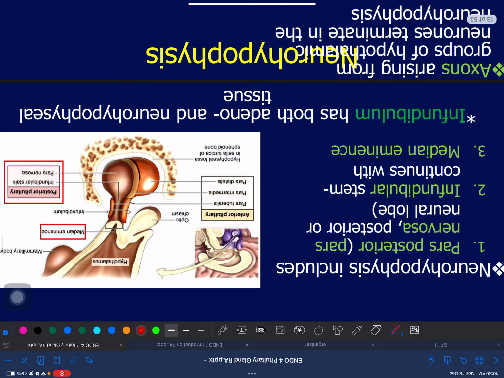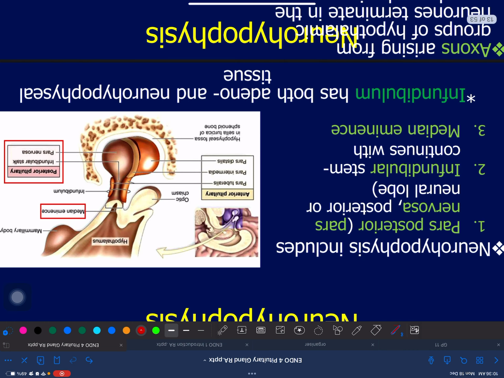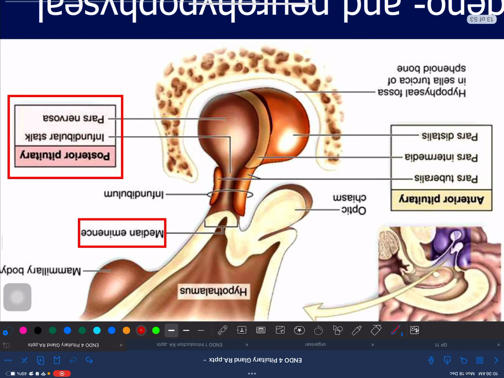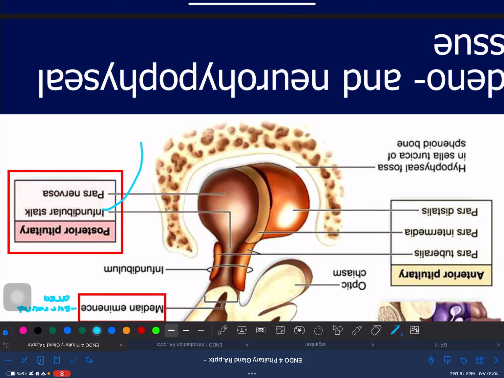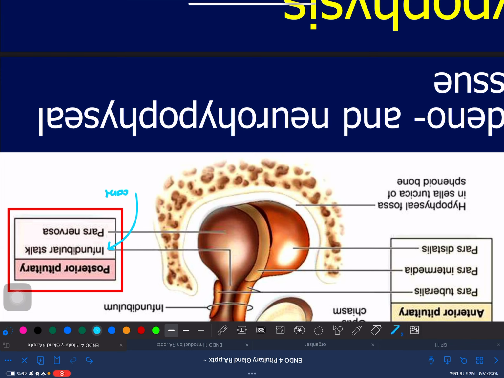Don't confuse it with the infundibulum. The infundibular stalk and the infundibulum are different. The infundibulum is this surrounding area, and consists of adeno and neurohypophysis. The adenohypophysis has the pars tuberalis, and the neurohypophysis has the infundibular stalk. We call both of these infundibular, so don't confuse the infundibulum with the infundibular stalk or stem.